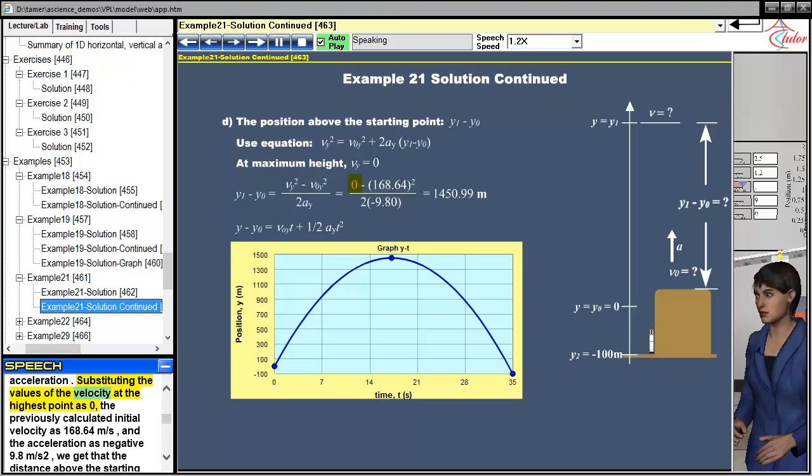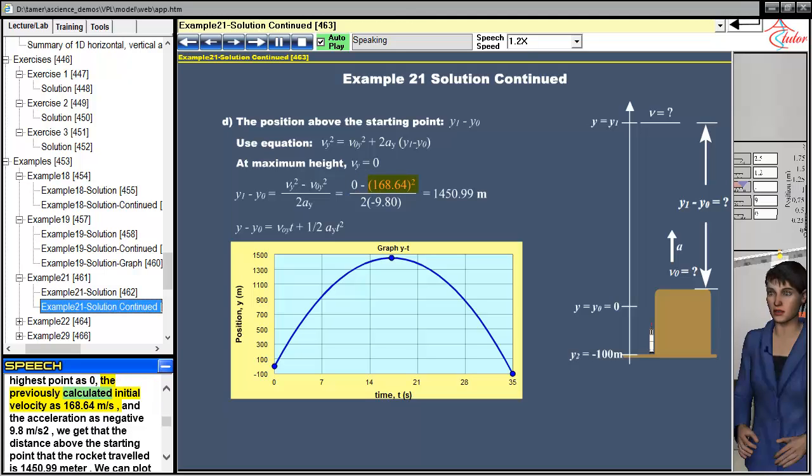Substituting the values of the velocity at the highest point as 0, the previously calculated initial velocity as 168.64 meters per second, and the acceleration as negative 9.8 meters per second squared, we get that the distance above the starting point that the rocket traveled is 1450.99 meters.